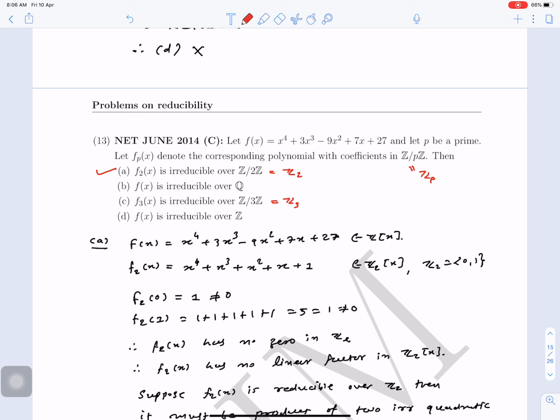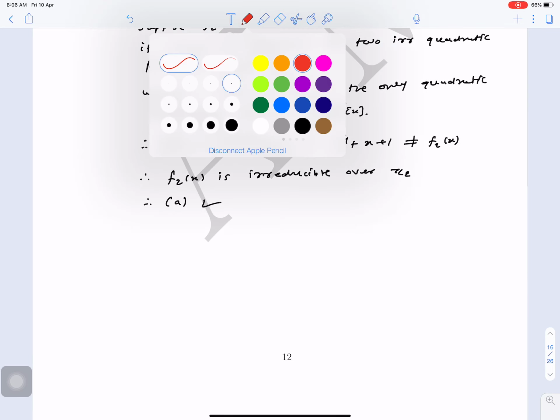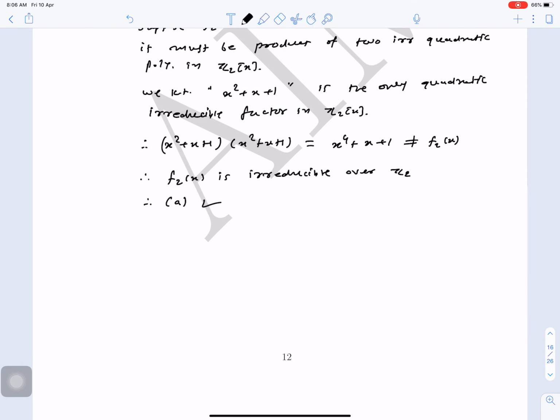Now over Q, for option B, let f(x) is equal to x raised to 4 plus 3x cube and so on plus 27 belongs to Z[x].